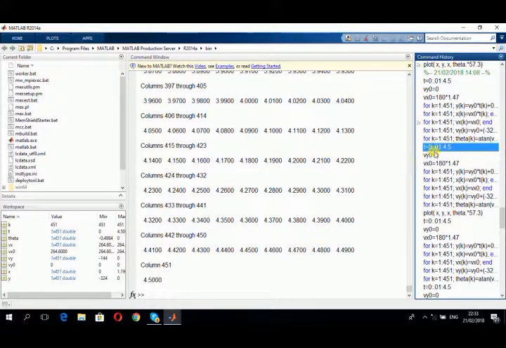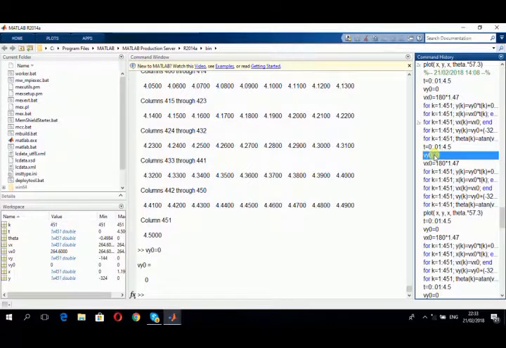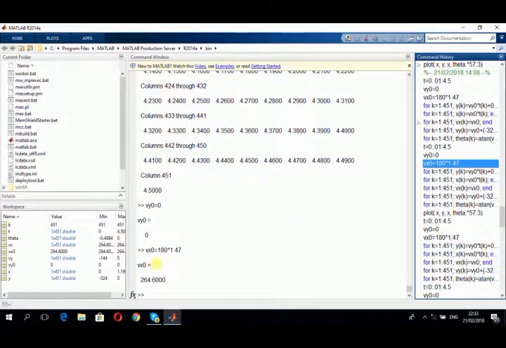Let's move down and activate this statement, which is the initial vertical displacement, and this one is the initial horizontal displacement, which equals 180 miles per hour times 1.47. 1.47 is the conversion factor to convert miles per hour into feet per second.